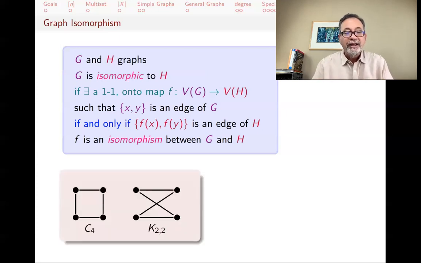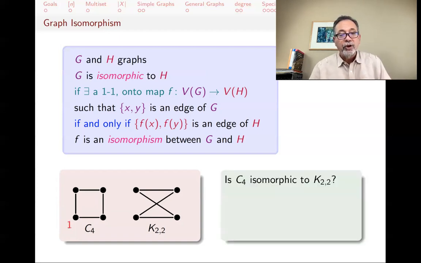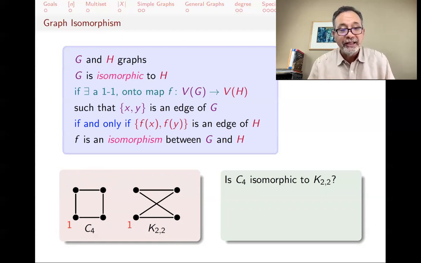So, for example, are C4 and K22 isomorphic? Well, what I have to do is give you a function, tell you which vertex corresponds to which vertex. So this first vertex, the lower left vertex in C4, I'm going to call 1, and the map is going to send it to the lower left element of K22. And then the second one, I'm also going to send there.